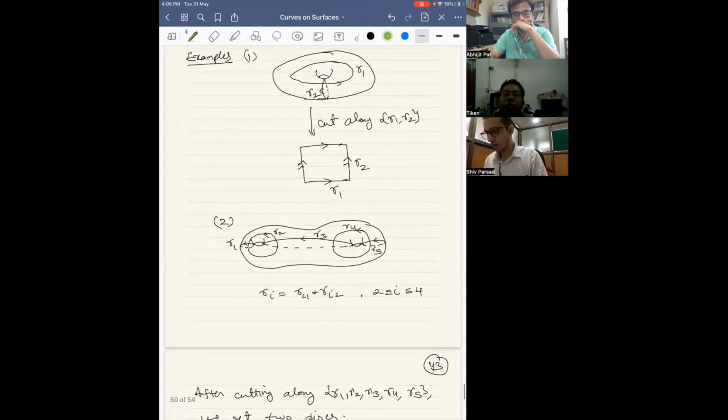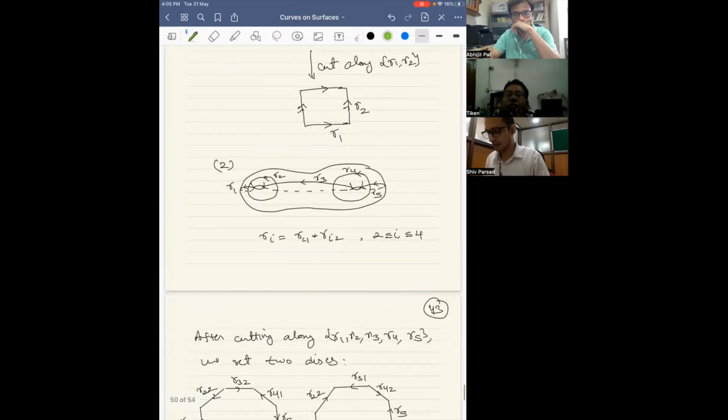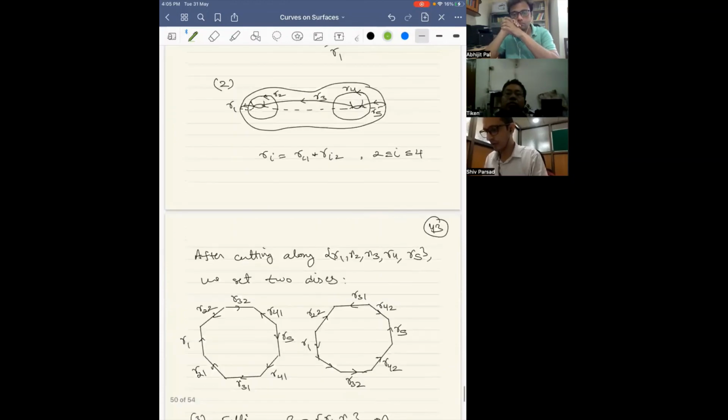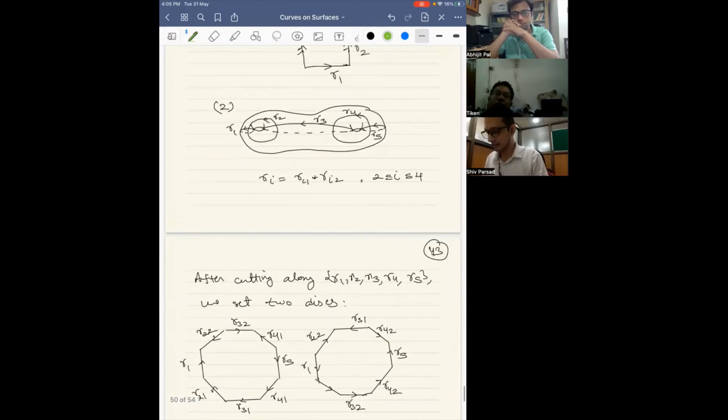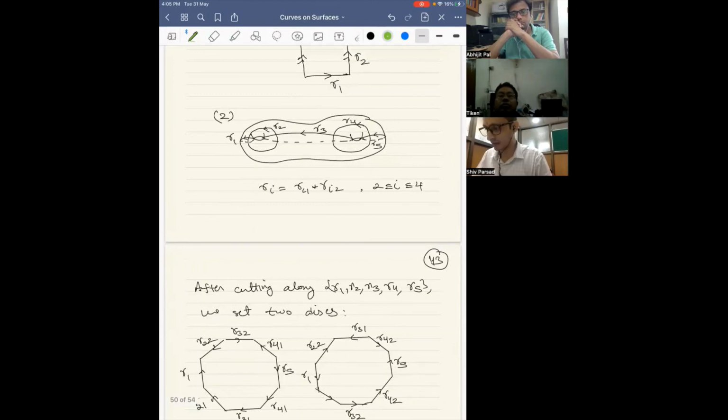On a genus 2 surface, you can see these curves gamma 1, gamma 2, gamma 3, gamma 4, gamma 5. If I cut this genus 2 surface along these 5 curves, what will I get? I will get 2 disks, right? So you can see this upper portion and then a lower portion.